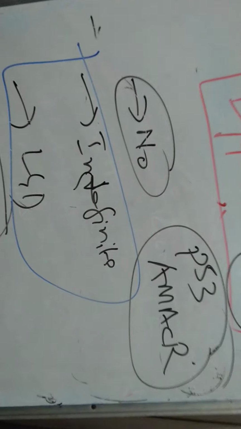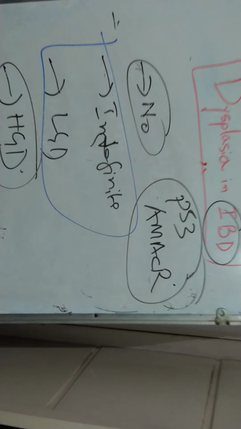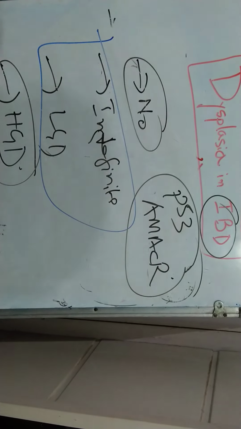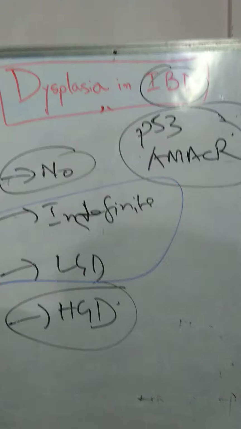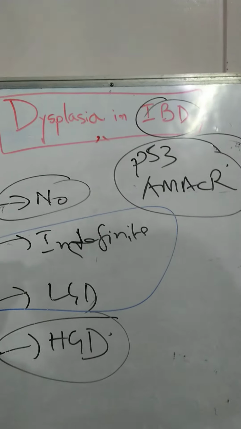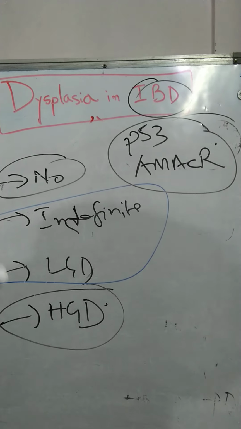Whatever prevalence and incidence that we know of are all established from large scale Western studies. In our Indian context, it is still not clear how common this dysplasia or malignancy is. But having said that, I want to draw your attention to one thing: in my practice as an individual histopathologist, over more than 500 colorectal biopsies that I have seen for IBD in the last 3 years, I have seen 2 cases of a high-grade dysplasia as well as an adenocarcinoma.